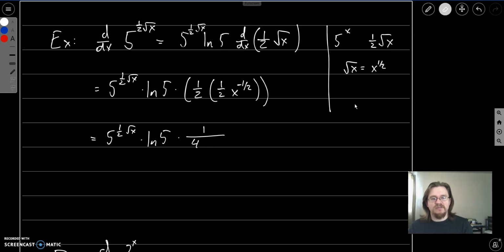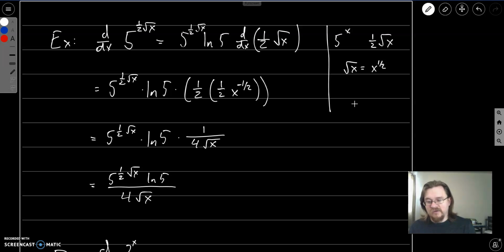But what is x to the 1/2 but the square root of x? So there we go. Our simplified function, and I might even write this over one fraction. So here's our simplified derivative.